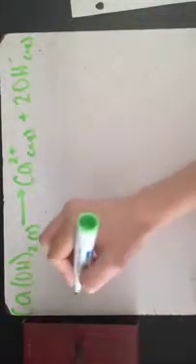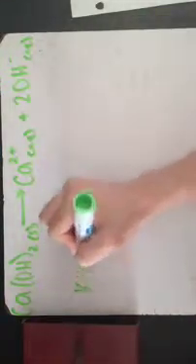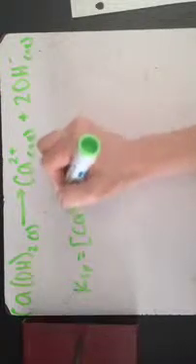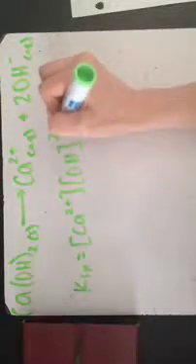Okay. And number 3 asks to calculate the Ksp, and the Ksp general formula is products over reactants, but since our reactant is a solid, you don't include that in the equation. So in this case, the Ksp formula would be Ca2+ times OH- squared because of the 2 there.